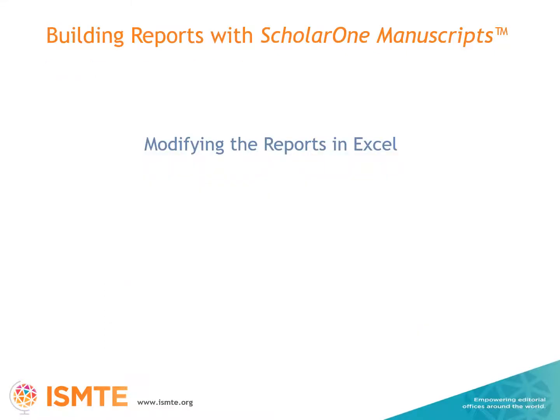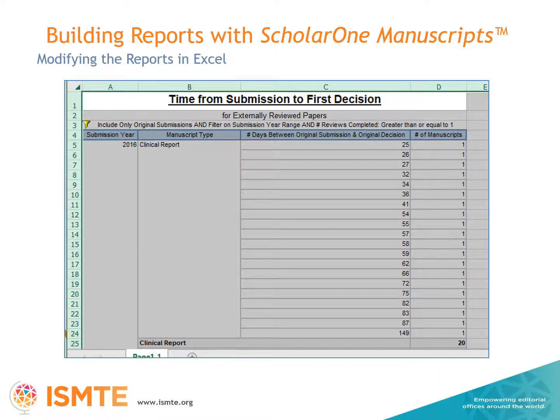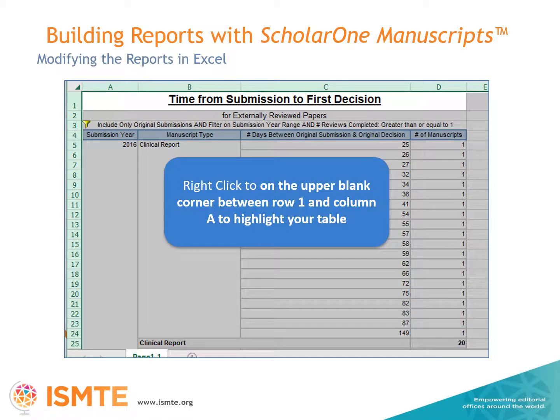We will now take a look at how to modify reports in Excel. The first thing you'll need to do is click on the Enable Editing option that appears at the top of the screen. Right-click on the blank corner between row 1 and column A to highlight the table.